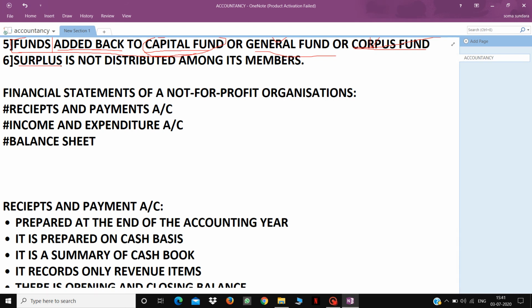They'll not ascertain it as profit or loss. They'll be ascertaining it as surplus or deficit. Surplus means something that you have in excess. So here surplus means income is high, expenditure is low. That is called surplus.